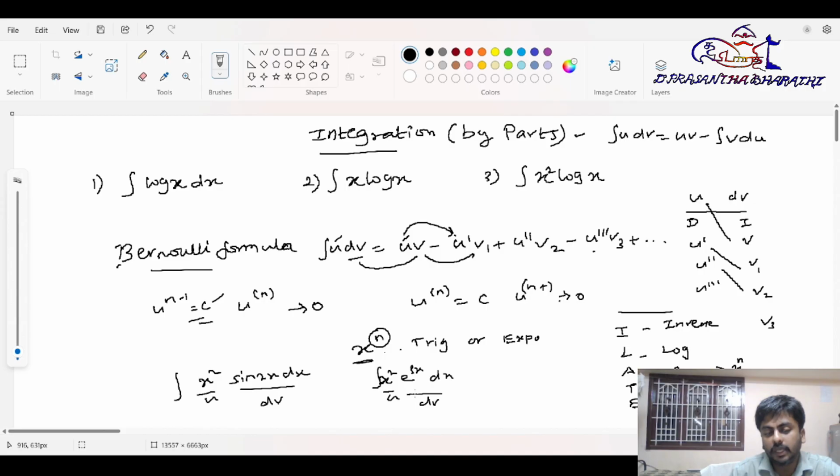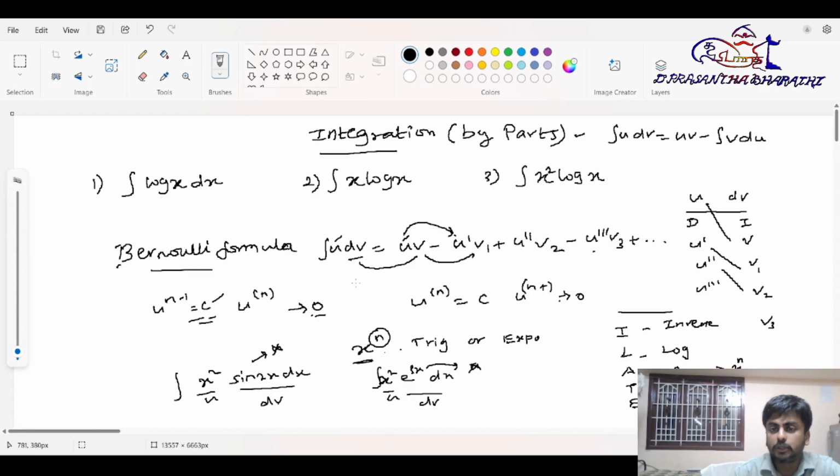It is not possible to choose e power 3x as u, because the derivatives of u should decrease, at one moment become constant, and after that lead to 0. That is the concept of choosing u.